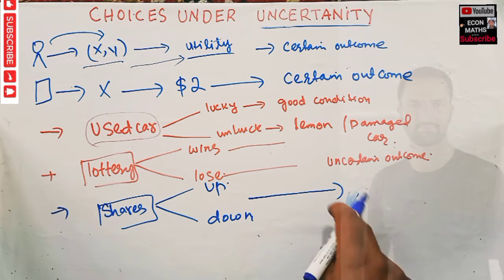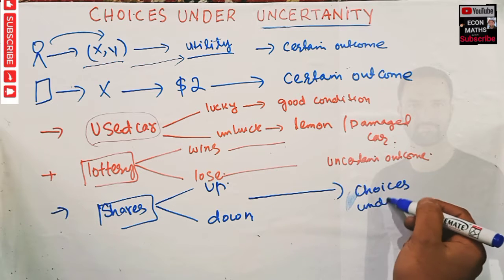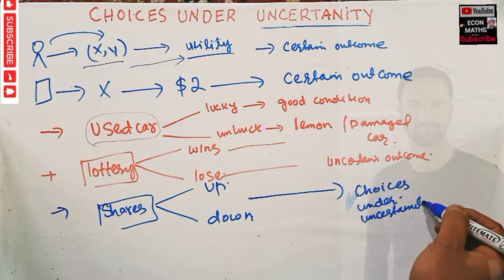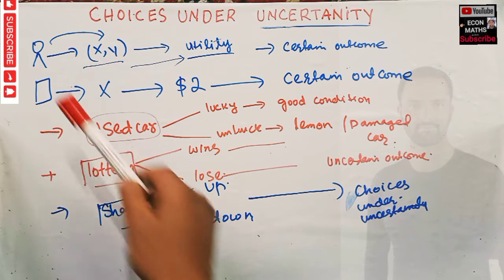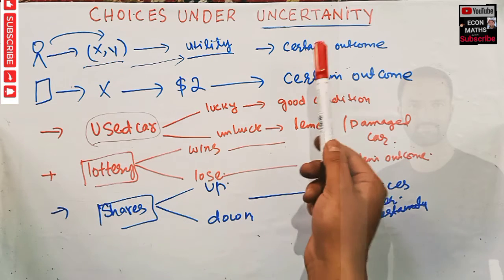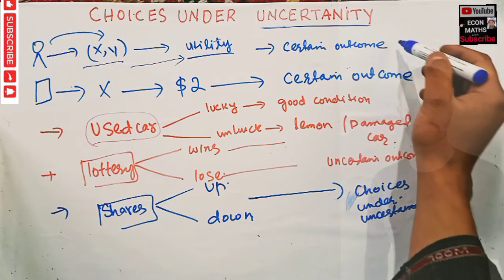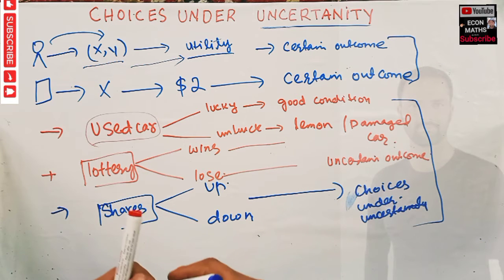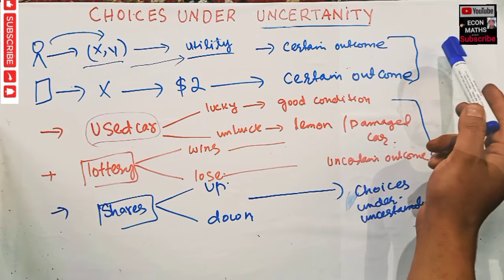What we call choice under uncertainty. I hope you understand what I mean to say. So these two outcomes are the certain outcomes, and these three outcomes are uncertain outcomes. Now whether the outcomes are certain or uncertain, the consumer always tries to maximize his preferences.